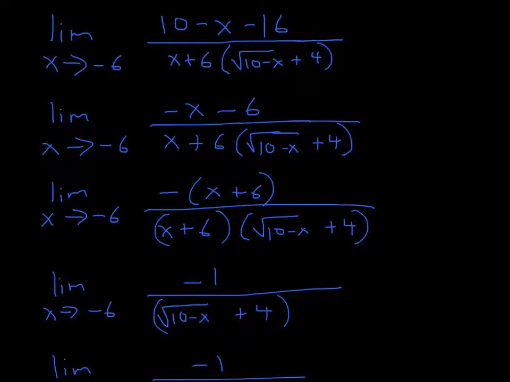This is crucial because a lot of people make a mistake here. They forget about the -1, because this negative sign is actually still a 1. It's a -1. It's just hidden. So remember that. So it's -1 here, and so the x plus 6's cancel out.